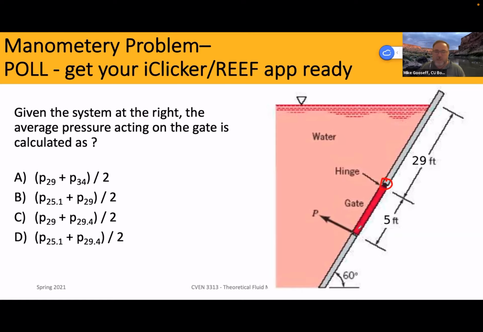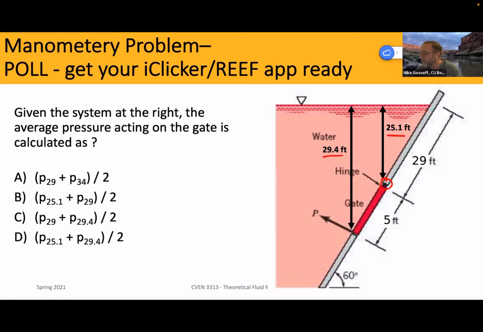Regardless of what the shape of the gate is, the question is for the average pressure acting on the gate is calculated as what? And I will add 2 things here real quick. One is that the depth of the water to the top of the gate is 25.1 feet, and the depth of the water to the bottom of the gate is 29.4.